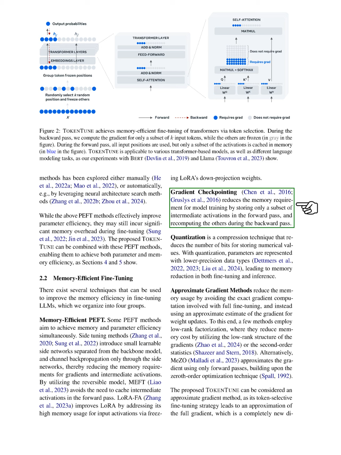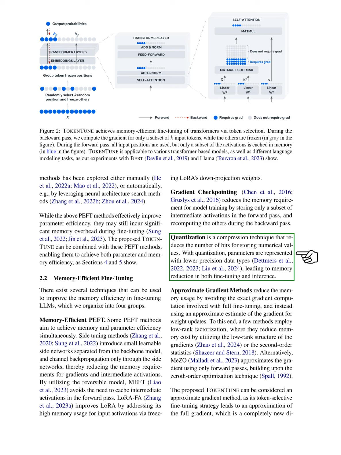Gradient checkpointing helps reduce memory by only saving some intermediate activations during the forward pass and recalculating others during the backward pass. Quantization is a technique that compresses data by using fewer bits to represent numerical values, which decreases memory usage during both fine-tuning and inference. Approximate gradient methods lower memory consumption by using estimated gradients instead of exact ones for weight updates.